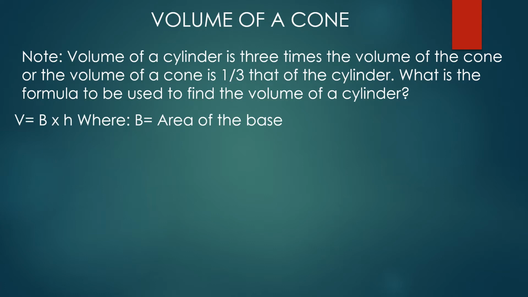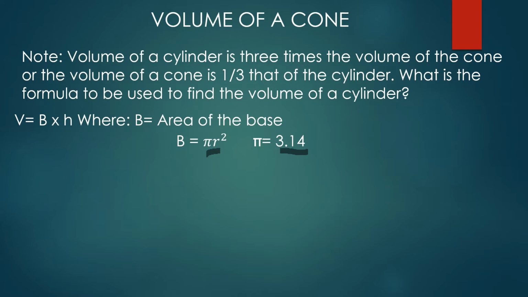So, let's find out. So, volume equals base times height. So, ito yung volume ng cylinder. Yung B is the area of the base, yung sa ilalim, and H is the height. So, kung ang B niya ay pabilog, meron tayong formula na pi r square, in which yung pi ay 3.14 which is constant.